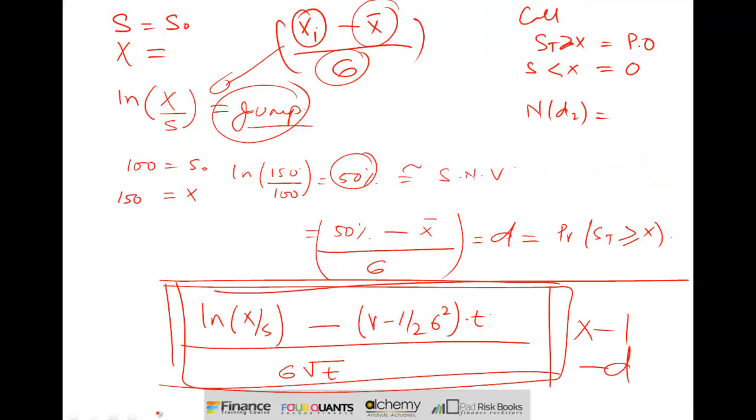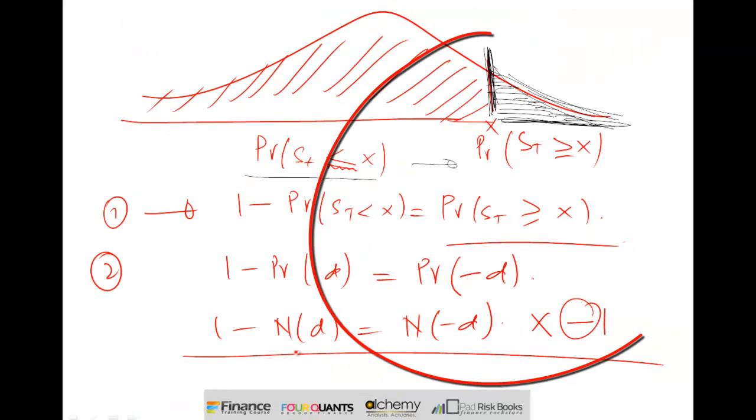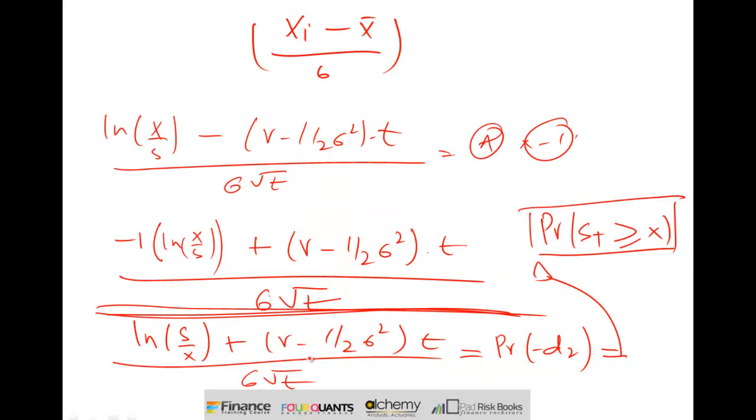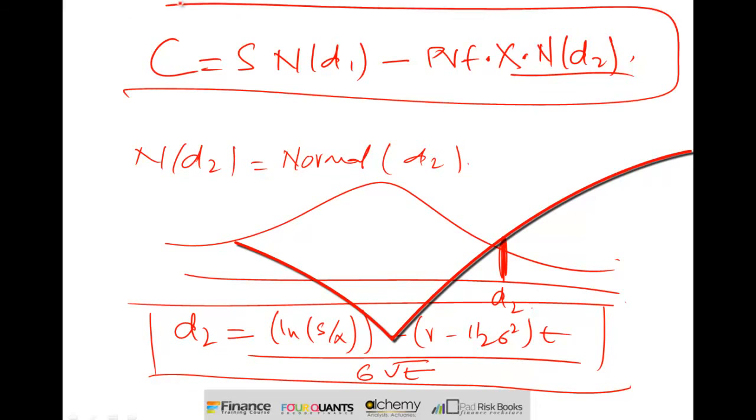Then from there, we made one specific adjustment for the fact that the probability that we're looking for was not ST less than X, but ST greater than X. And we finished by getting to the result for the value of D2 that we need to use for the calculation of a call option.